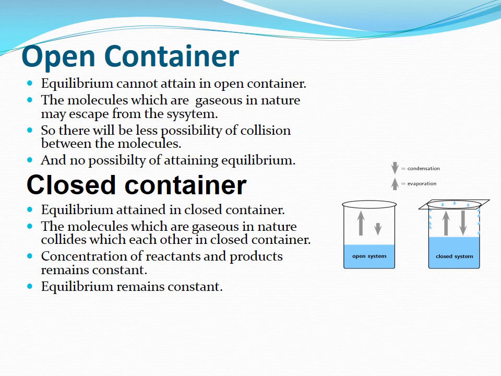Because when these molecules go upward from the system and then come back to the system, the products formed in the forward reaction will be equal to the reactants formed in the backward reaction. So the concentrations of reactants and products will remain constant, and the equilibrium will also remain constant.